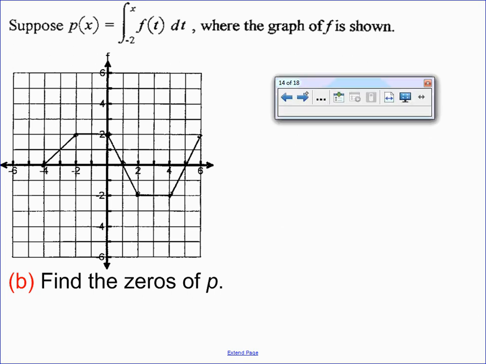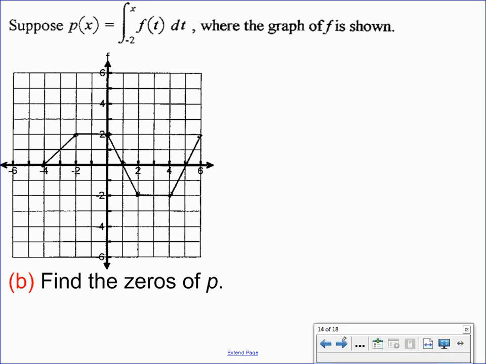So P has a zero at x equals -2, because I can accumulate 0 area as I scan from -2 to -2.